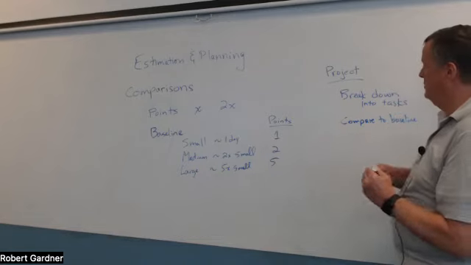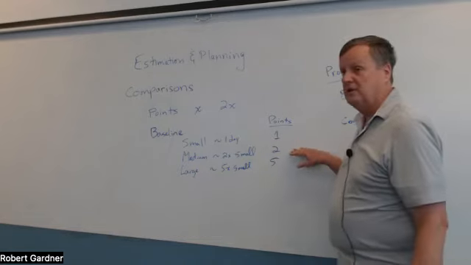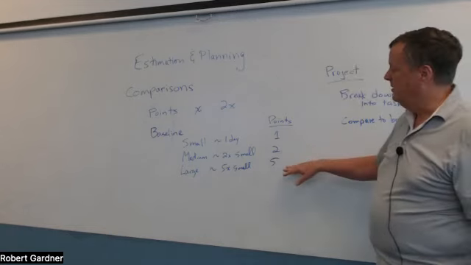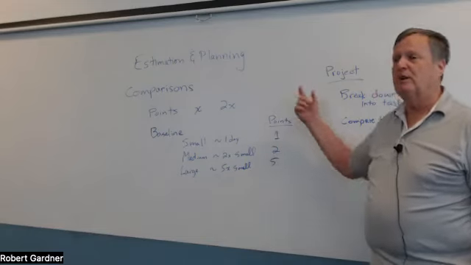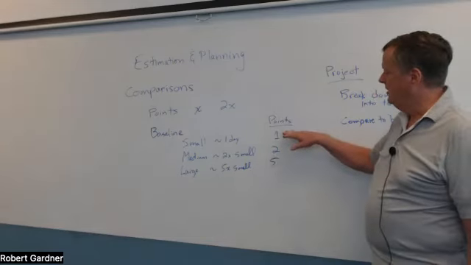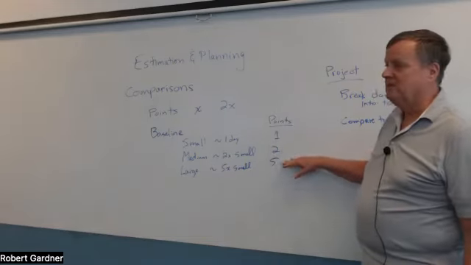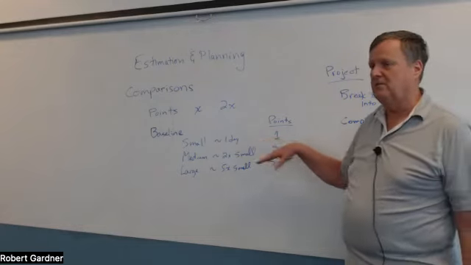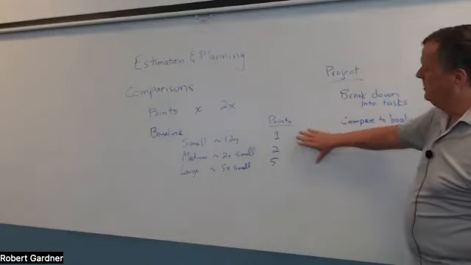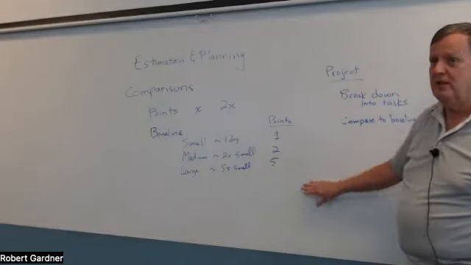And now I can go through each of these tasks and compare it to the baseline. If I find that one of the tasks is really bigger than 5 days, then I have to do some work and break it down. If I don't get enough smalls and mediums and everything's in the large, then I haven't broken it down enough, and I have to break it down further. So I have a big pile of 1, 2, and 5 point tasks. Okay.